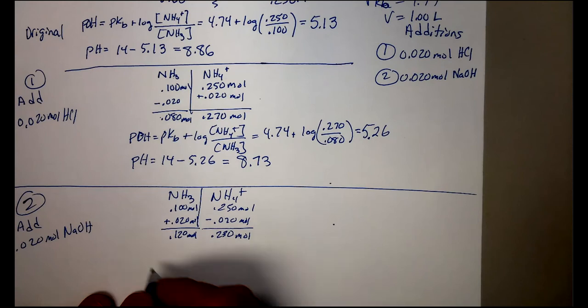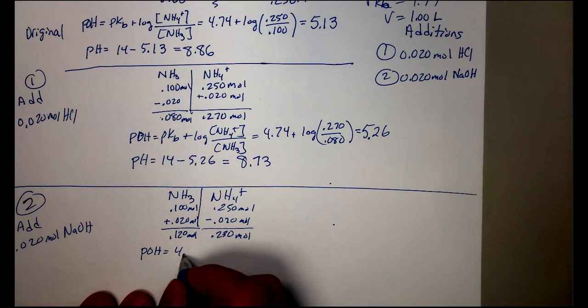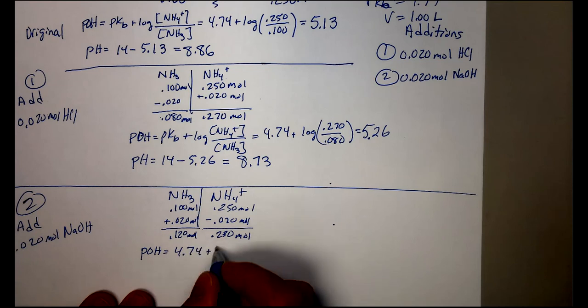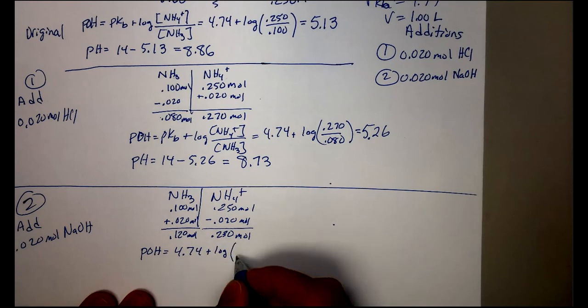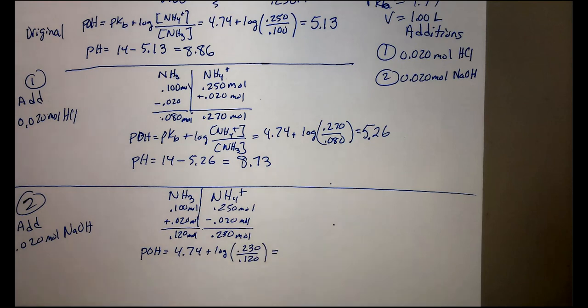And so then we're going to use our Henderson-Hasselbalch again. And so we'll have 4.74 plus log of 0.230 divided by 0.120. The pH will go up, but not as much as you might think in an unbuffered solution.